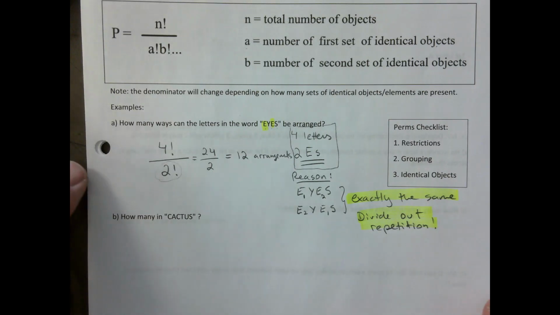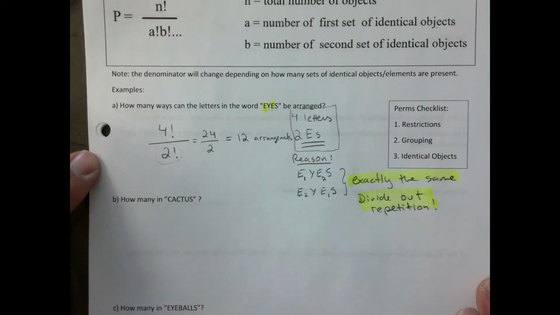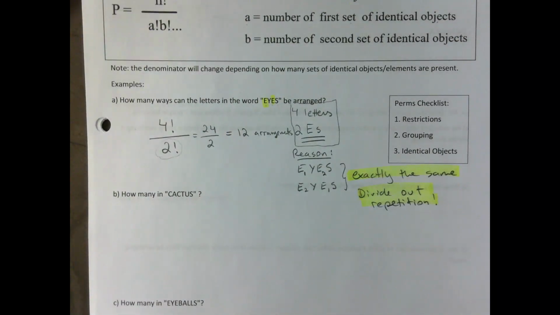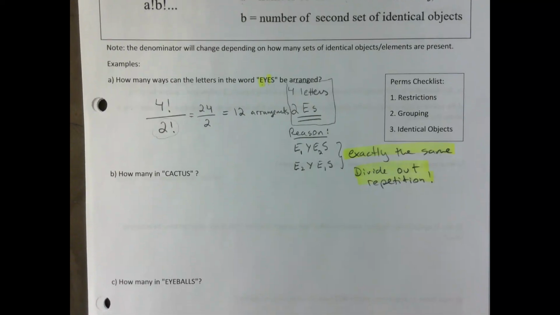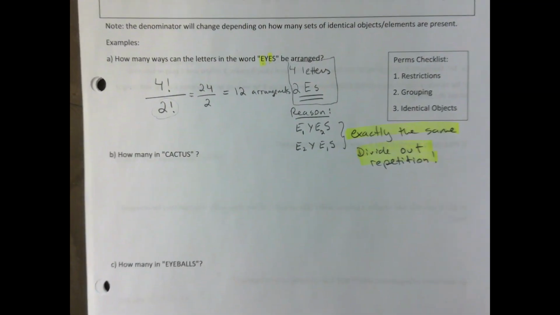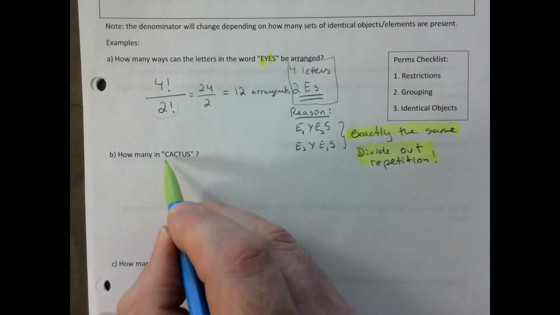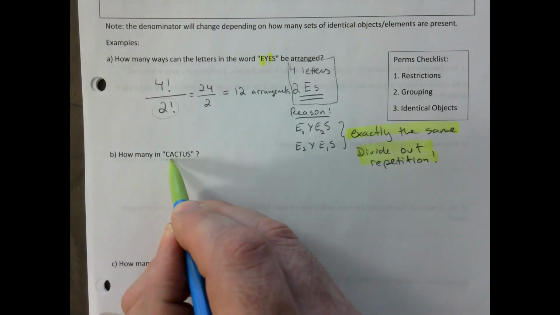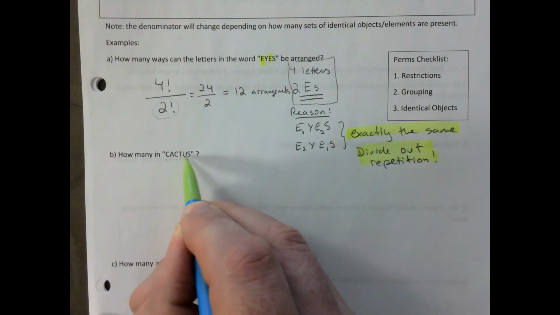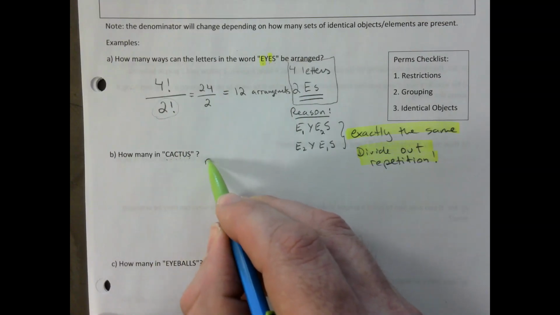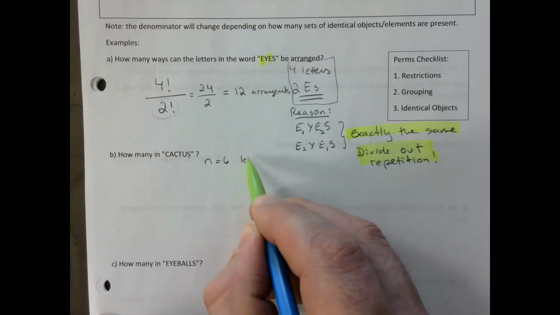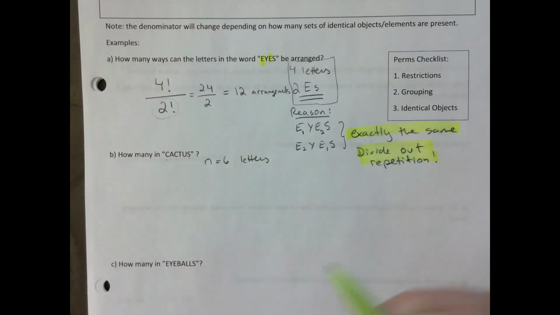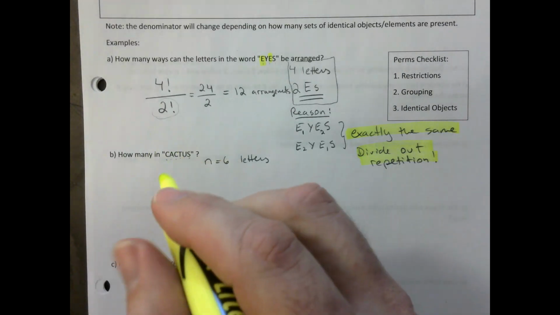So, a couple more here. This is a very classic question. They may honestly just have one page, a whole page taking up, like cactus. How many ways can you rearrange the letters in that word? You should first and foremost count 1, 2, 3, 4, 5, 6. So n is equal to 6 letters. And you've got 2 C's.